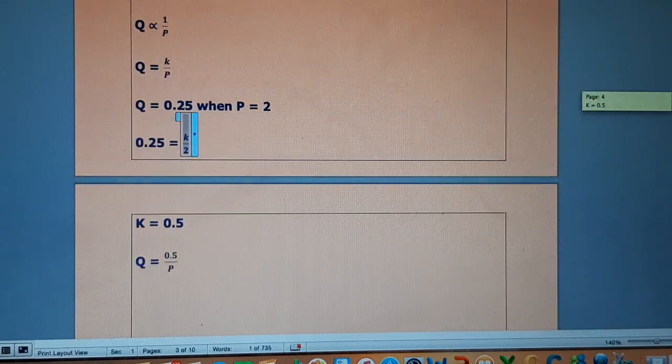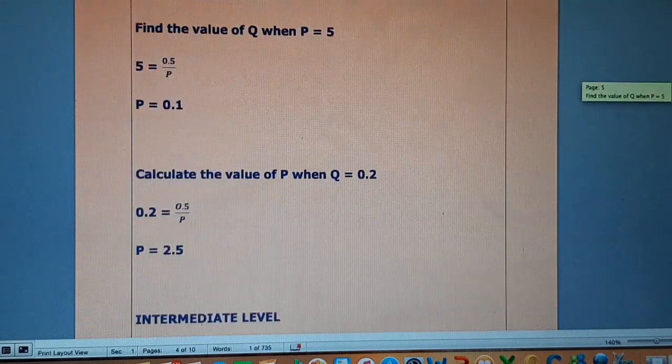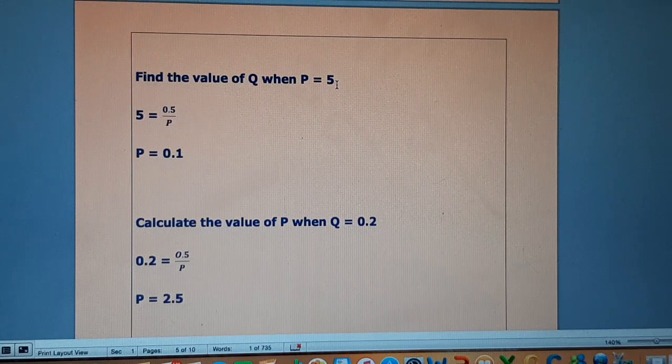Now when k is 0.5, we have to express q in terms of p. So q in terms of p will be q is equal to 0.5 over p, where 0.5 is the value of k. The next part is find the value of q when p is 5.